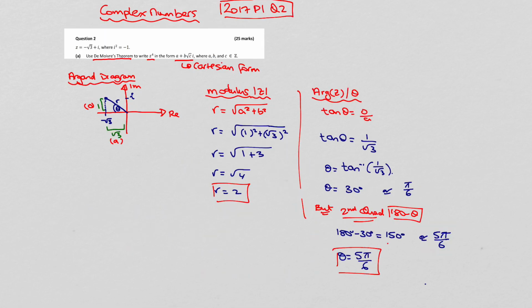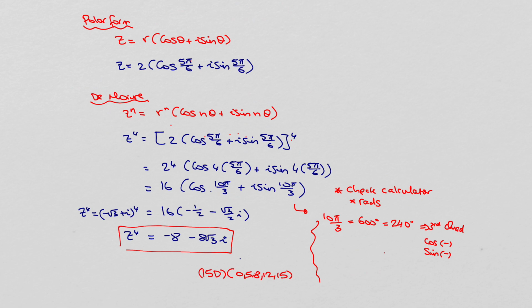And we're asked then to find t, the complex number in its simplest form, where t is z multiplied by w. Now we already know that z from the first question is minus root 3 plus i, which we wrote in polar form as 2 cos 5 pi over 6 plus i sine 5 pi over 6.